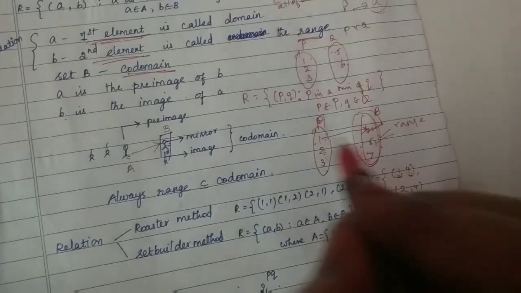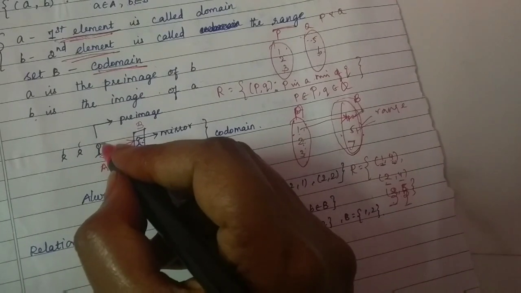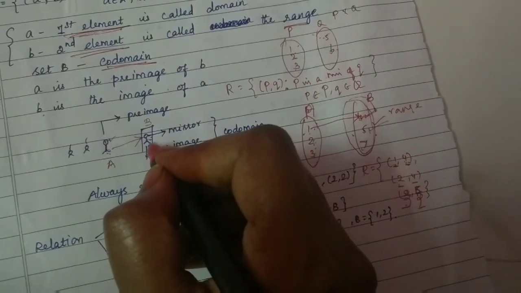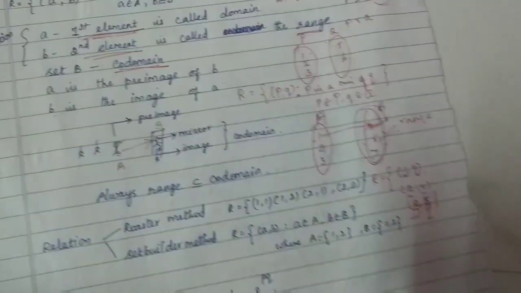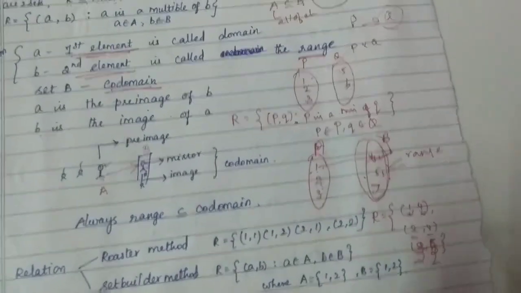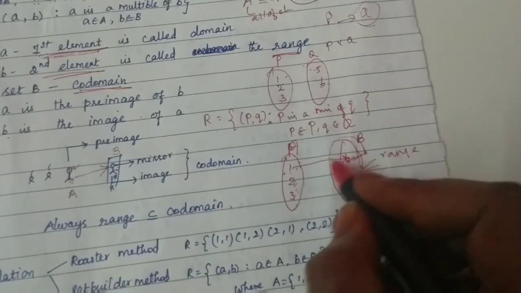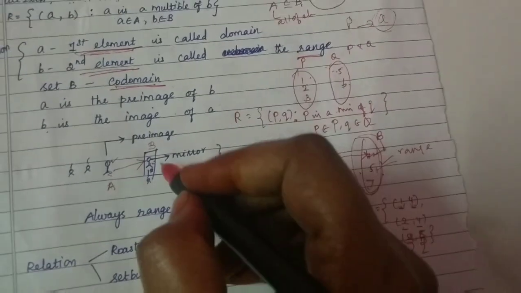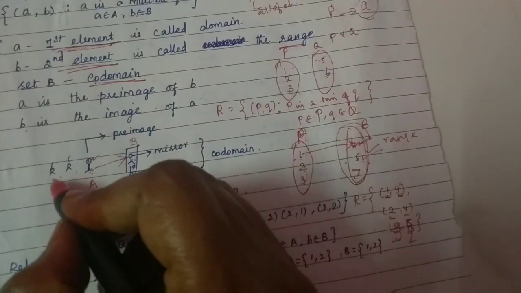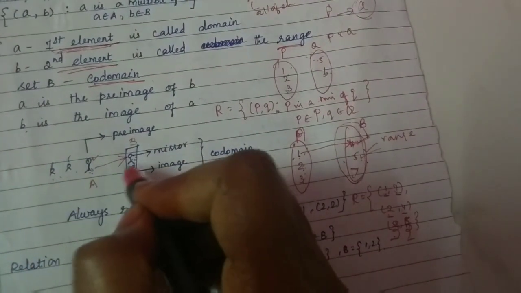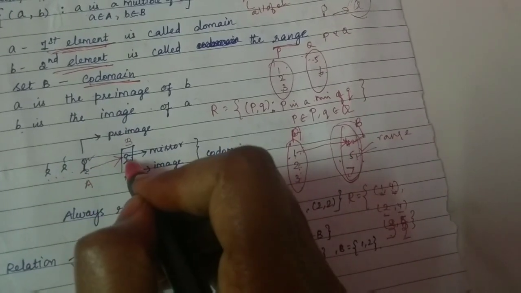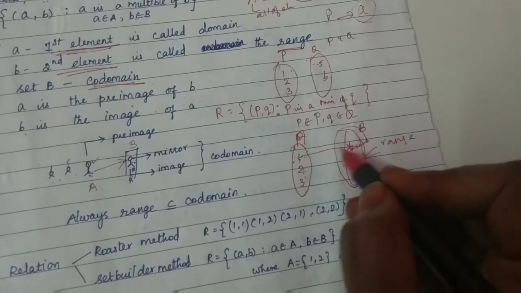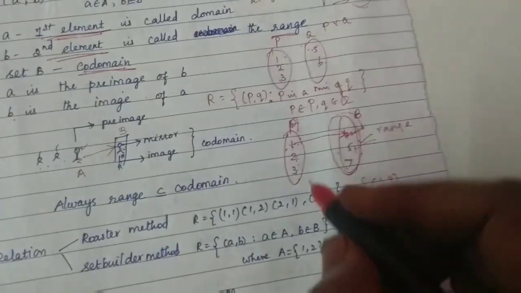Now, let me tell pre-image. The image is what you are seeing in the mirror, and the pre-image is nothing but yourself. So here, 4 is the image and 1 is the pre-image. So many are standing in front of you, but you relate only your own image. So for each element, it has different images.